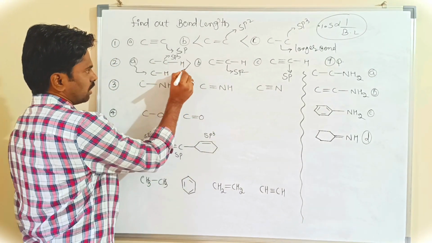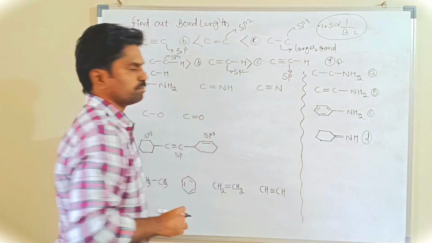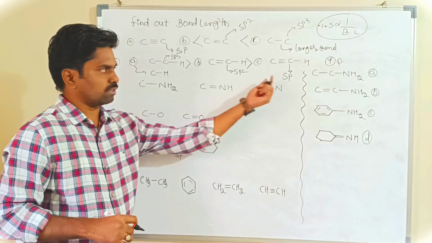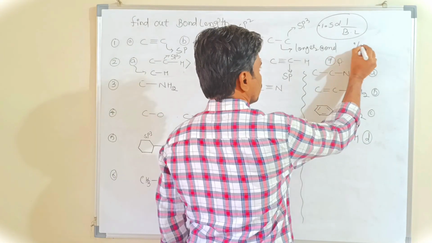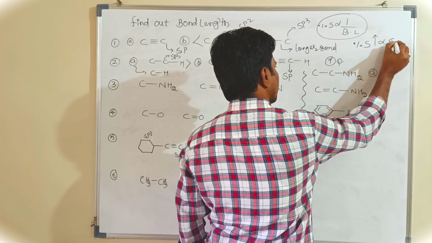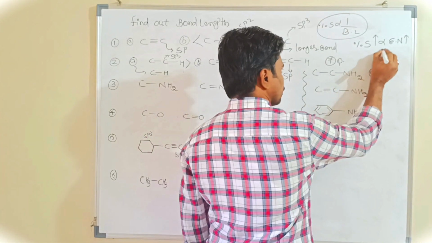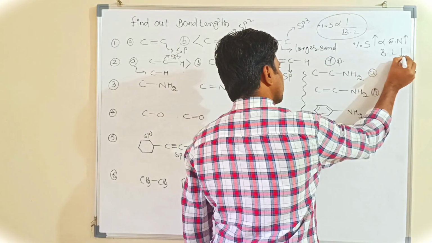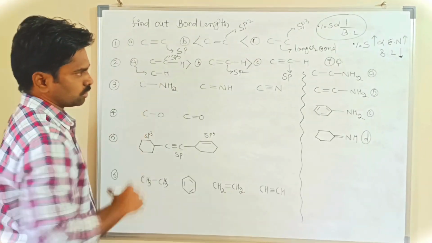So between carbon and hydrogen, the bond length of the first one is more than the third one. Understood? As the percentage of s character increases, electronegativity increases, and as electronegativity increases, the bond length decreases. Yes or no? Right, that is the concept we apply to this question.